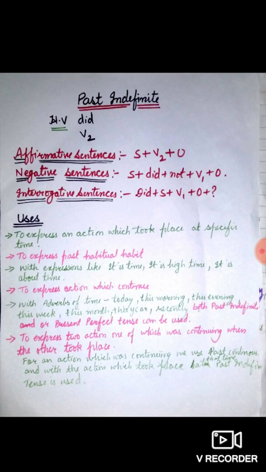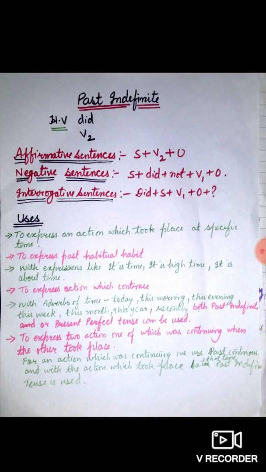But beta, to express past habitual action, not only past indefinite tense, you have always been using used to, है ना? Used to is used to express past habitual action, as well as would is also used to express past habitual action.